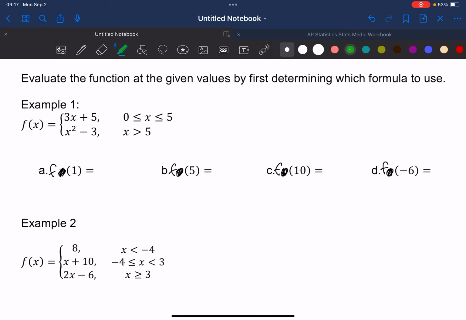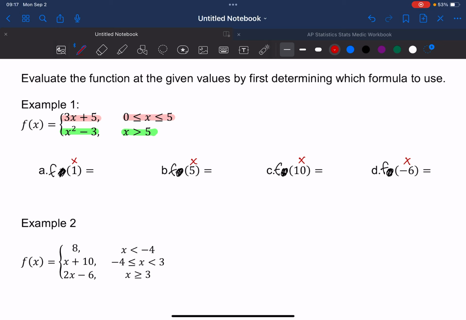So my piecewise function here has two expressions. I have a linear expression on this domain, and I have a quadratic expression on this domain. So in order to figure out the answers to these ones, I have to remember that if that number is in the parentheses, that is an x value. So I need to see where those x values fit on which domain.